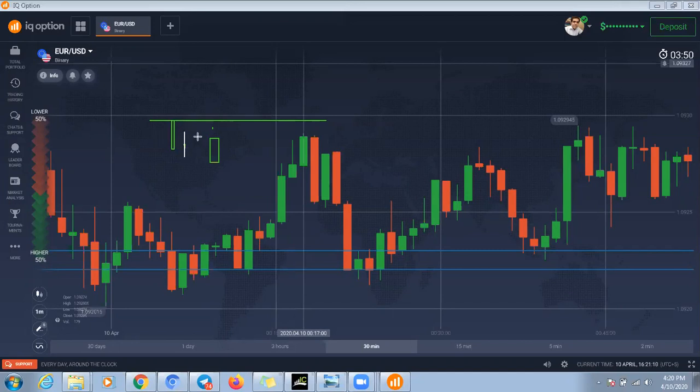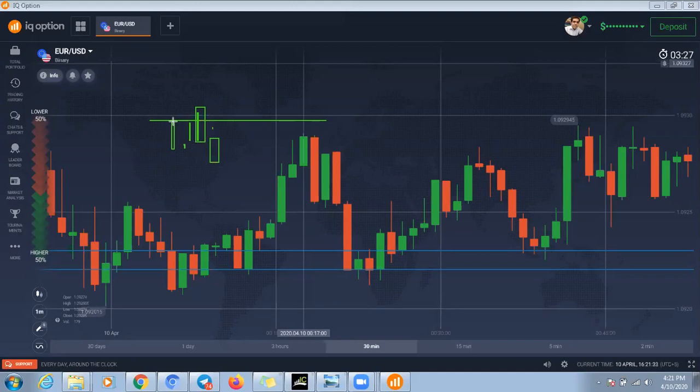Okay, and in this scenario, here the wick is not touching, and here the wick is crossing. So a wick touching and rejecting means a strong rejection. When a wick crosses and is rejected, it means this rejection is not strong.